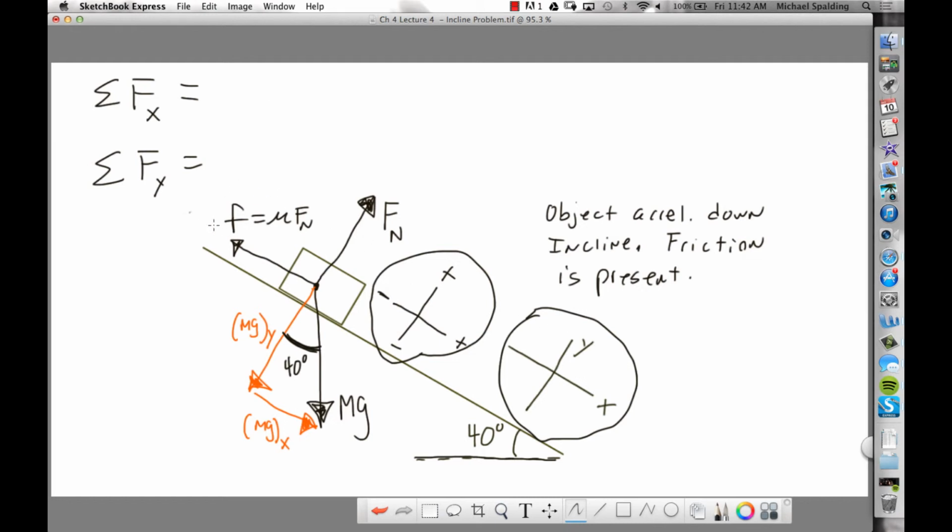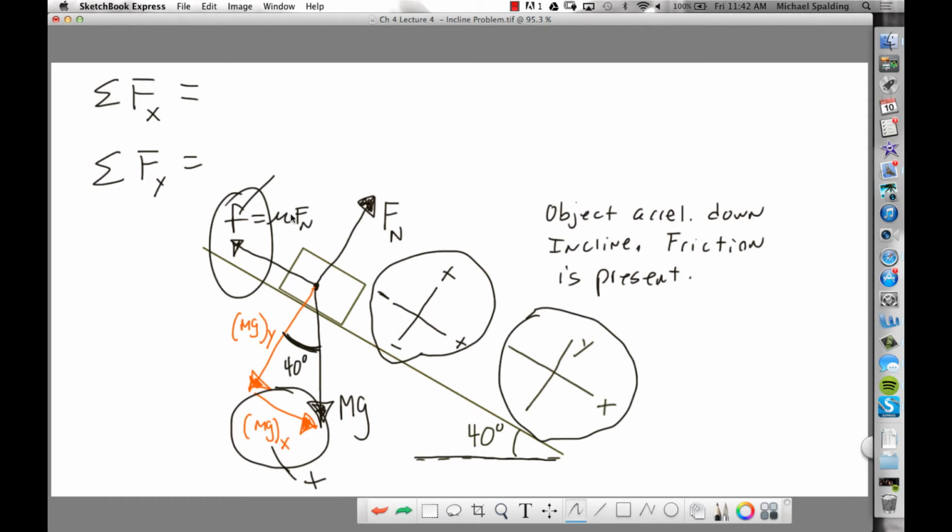And remember, the x direction is this way. This is the x direction here. How many forces are in the x? One, mgx, and friction. We have two forces in the x direction. Now, which one's going to be plus and which one's going to be minus? mgx is going to be plus, friction is going to be minus, because friction points up the hill, mgx points down the hill.